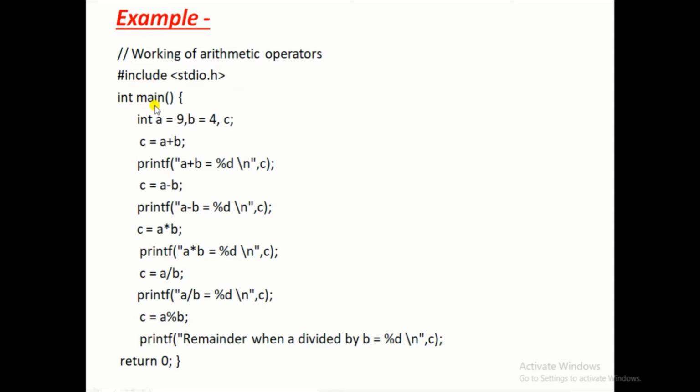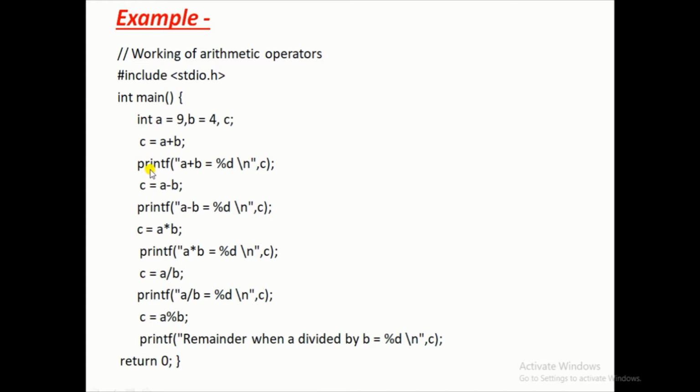We include the header file, and in the main function we declare three variables a, b and c. All three are integer type. First we perform the addition operation. Here you see c equal to a plus b. The result after the addition operation will be saved in the variable c.